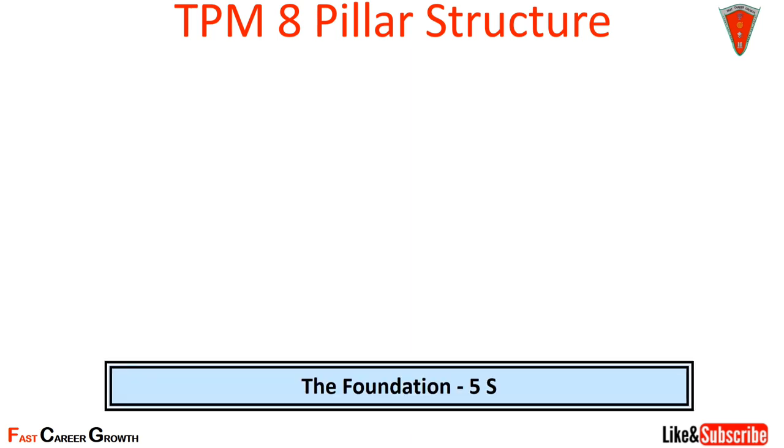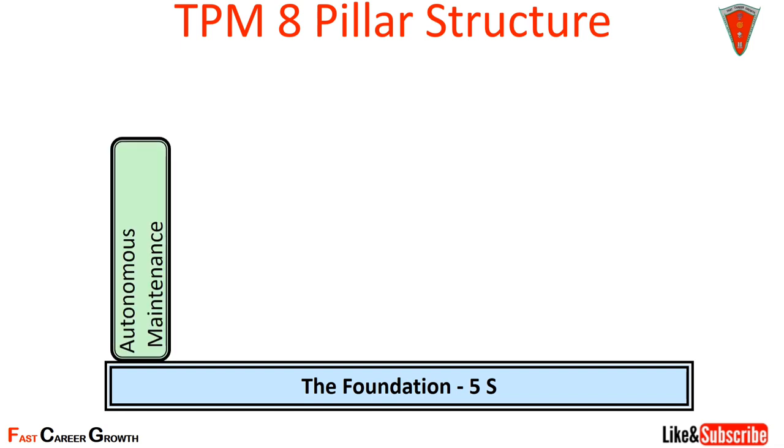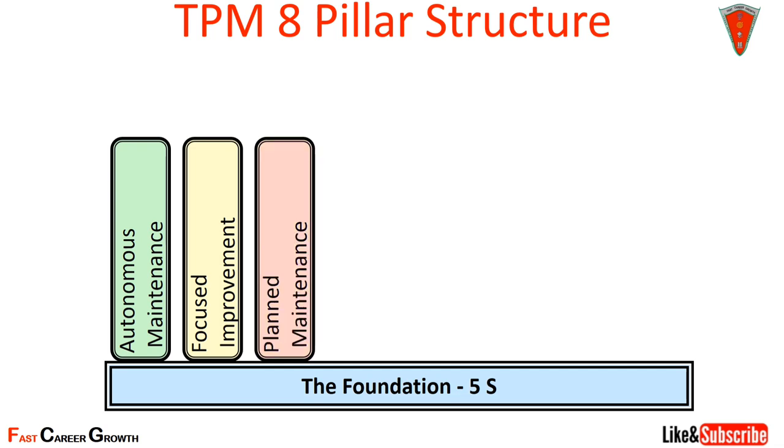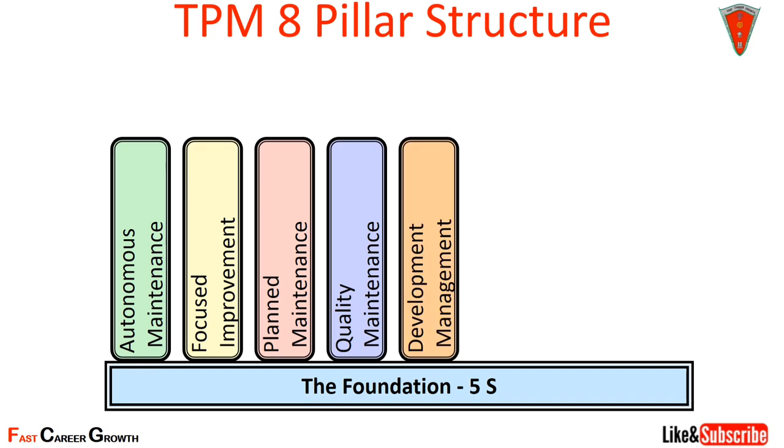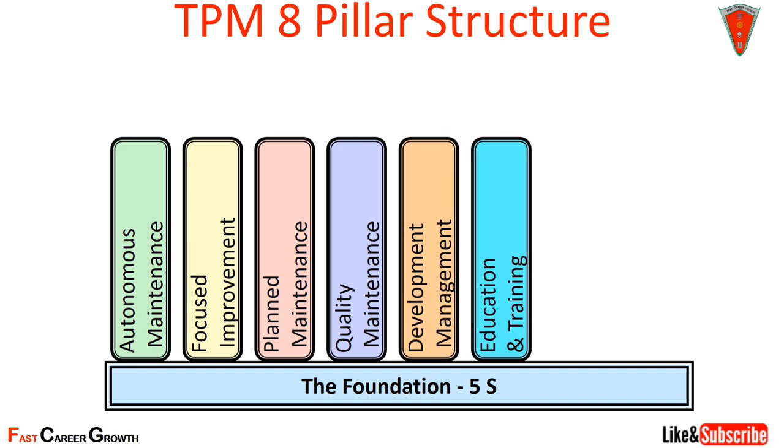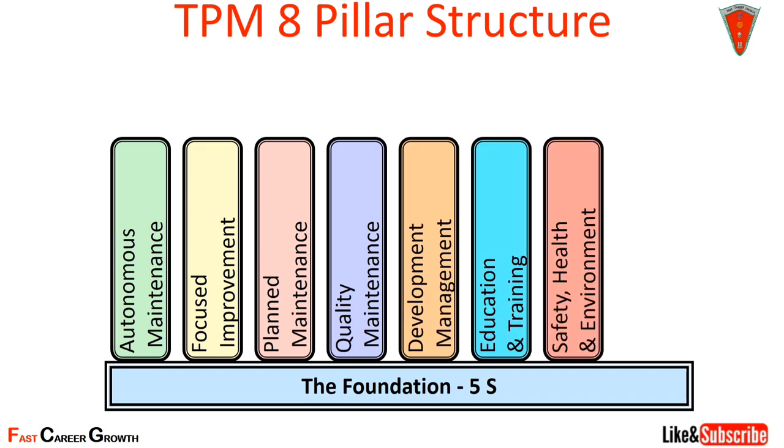So, after implementing 5S, autonomous maintenance starts, then focused improvement, planned maintenance, quality maintenance, development management, education and training, safety, health and environment, office TPM. These are the 8 pillars on the foundation of 5S. This becomes the TPM house.